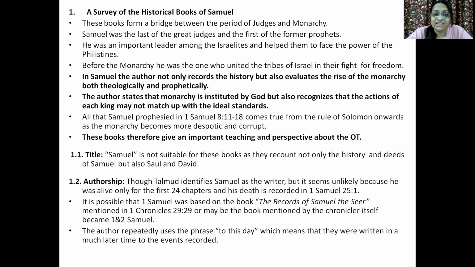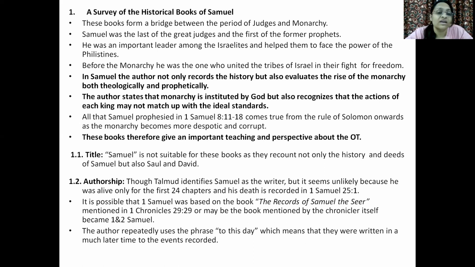Before monarchy, after Joshua, he was the person who was able to unite all the 12 tribes together, and they could fight for freedom. So he was a very strong leader and a very strong judge. Other judges were leading tribe by tribe, but Samuel was able to unite all the 12 tribes.